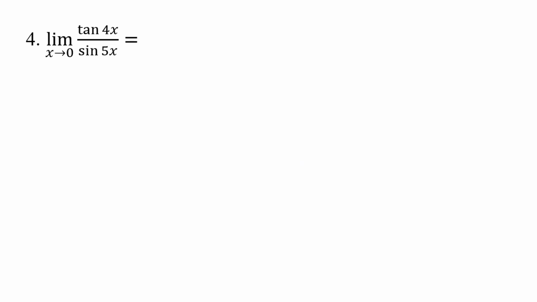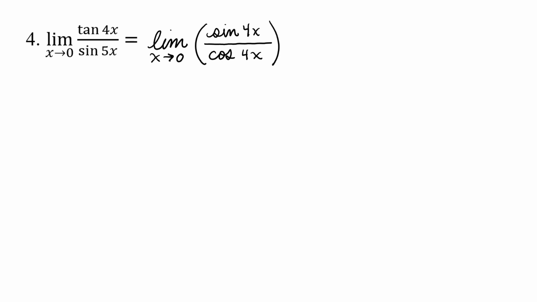We have the limit as x approaches 0 of tangent 4x over sine of 5x. So let's first rewrite our tangent. So this will be equal to the limit as x approaches 0 of sine of 4x over cosine of 4x times 1 over sine of 5x, so that we have that division by sine of 5x.